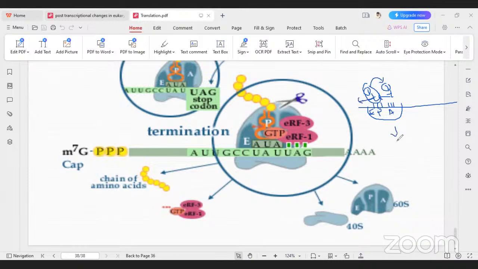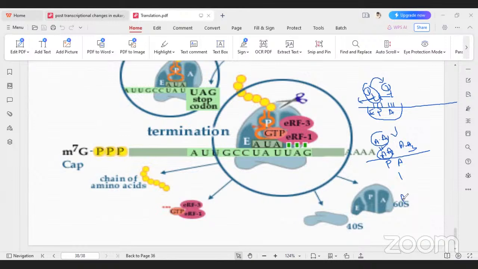Next, the P site is occupied and the A site is vacant. Two amino acids are already here, the first amino acid with a peptide bond to the second amino acid. Now the third amino acid comes to the A site, with the same peptide bond formation.